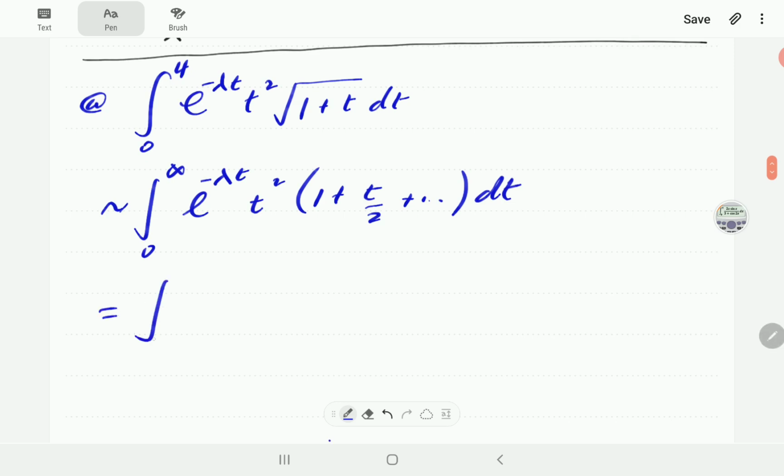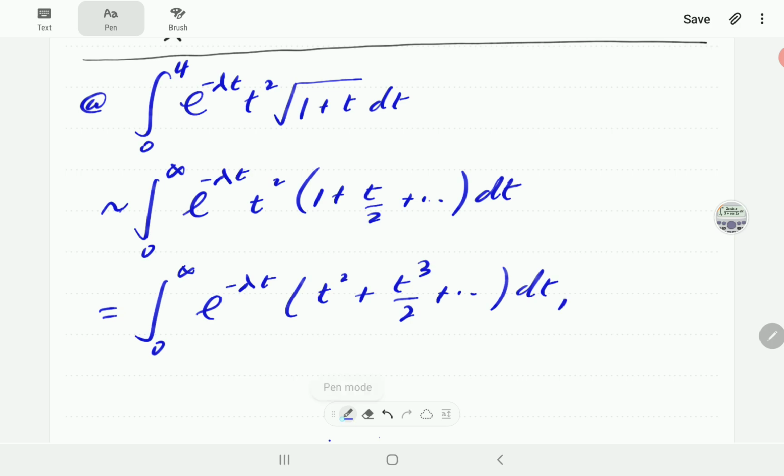So this is going to be the integral from 0 to infinity of e to the minus lambda t times t squared plus t cubed over 2. And then at this point we are going to make the substitution. We are going to set u equal to lambda t, just like we did in the derivation.